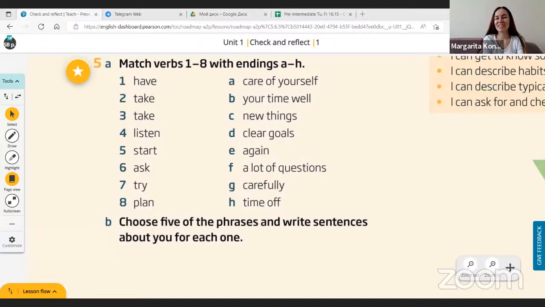With a plan, yes, right. When I plan my day, then I can do many things in one day. But if I have no plan, then I usually can't do many things, because then it's a mess. Is it true for you? Yes, it's true for me. I think it's true for many people.